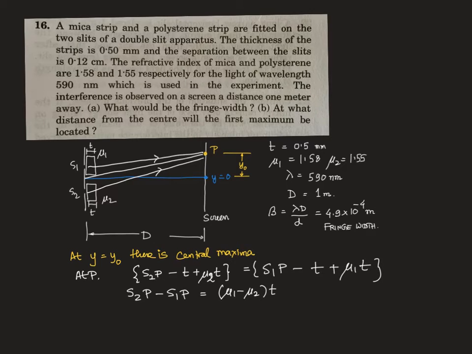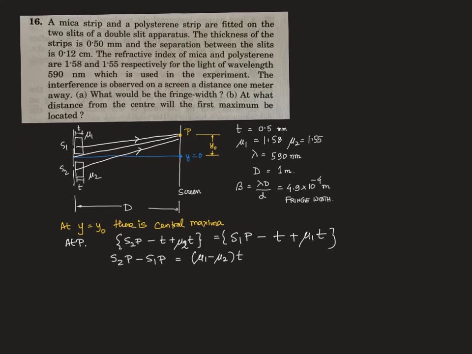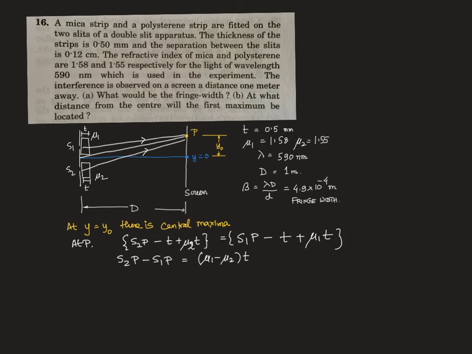Now S2P minus S1P is how much? As we have done these things before, see S1P and S2P. As these rays are almost parallel to each other, we drop a perpendicular from S1 onto the line.